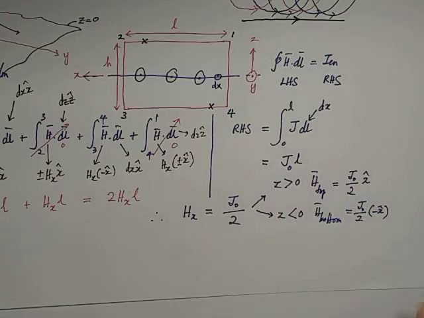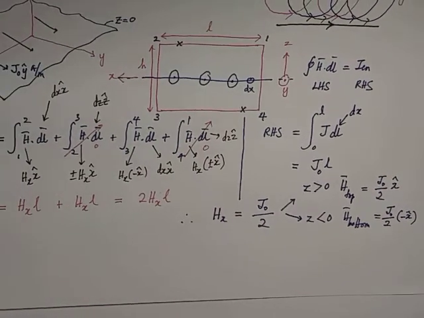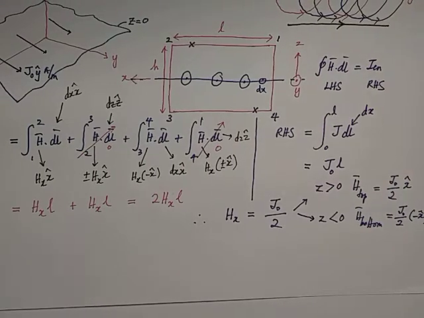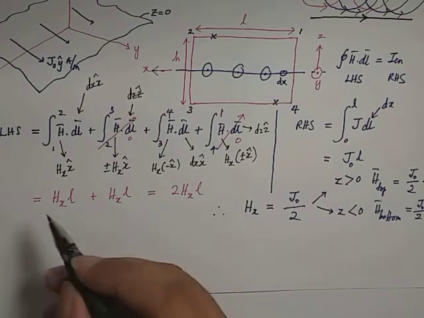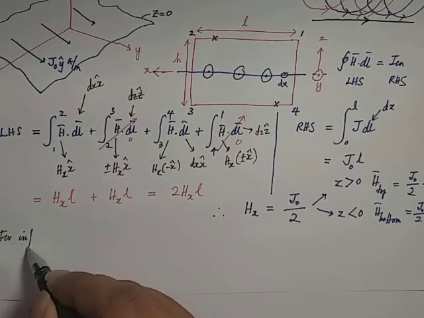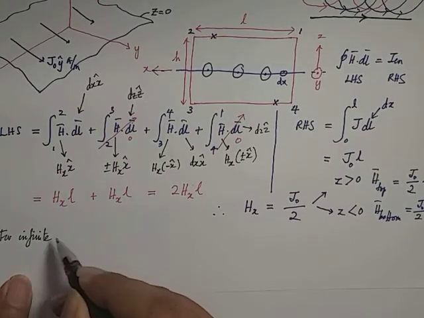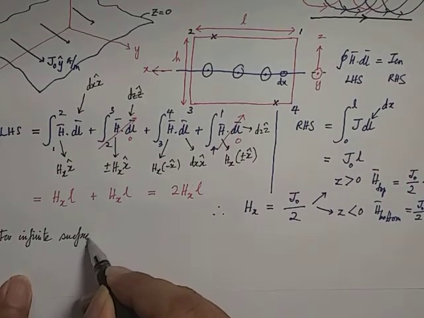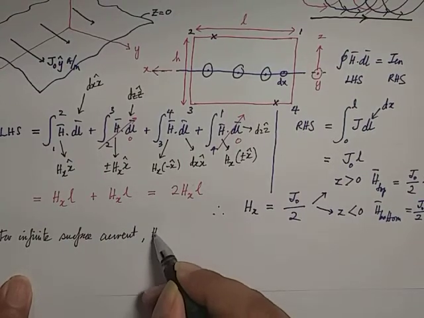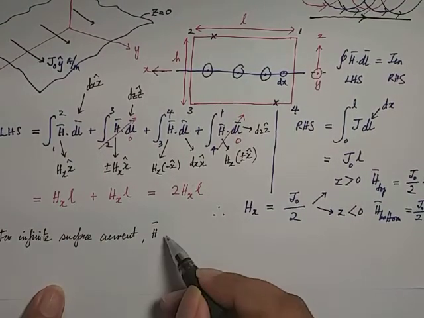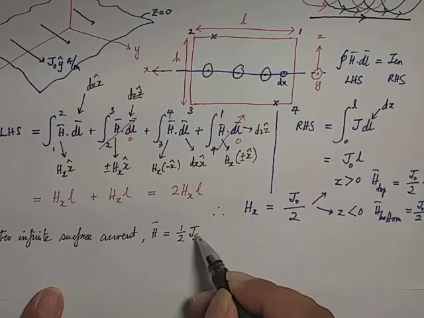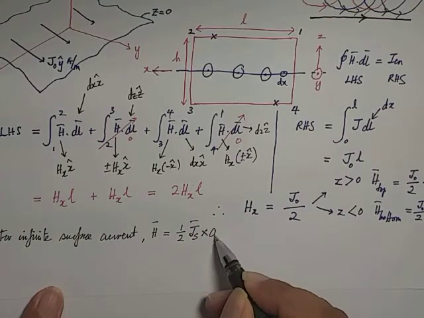I like to do that when I solve my problem, always with that attitude of verification. So for infinite surface current, this is a general statement, H is always defined as half Js cross An.